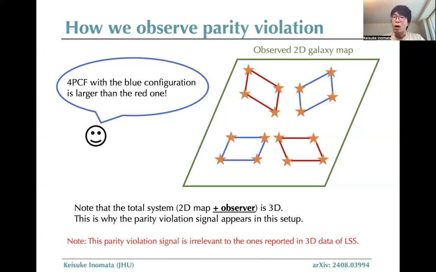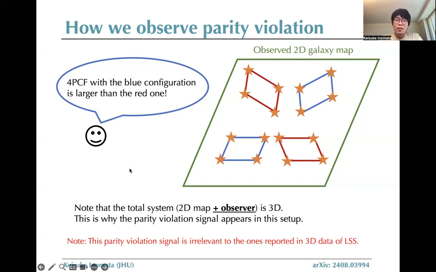Okay, let me explain what we observe. This is the observed two-dimensional galaxy map, and the blue and red cone figures are connected under parity inversion. Then the four-point correlation function with the blue configuration is larger than the red one. So this is what we observe.